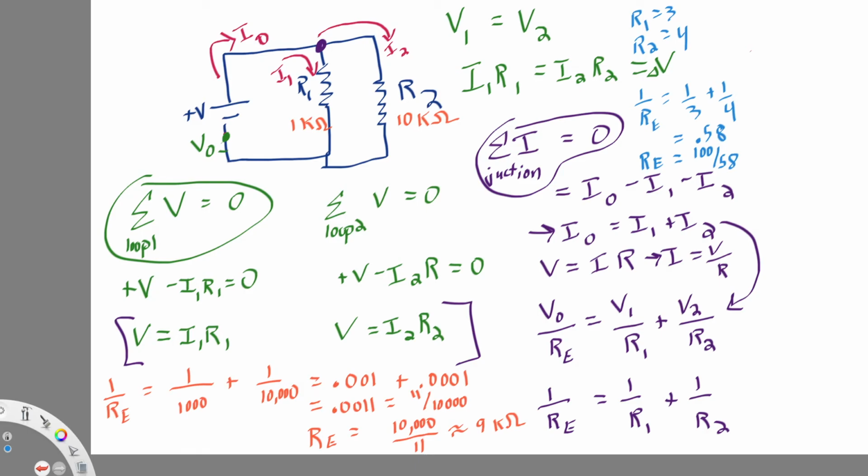So if we have 10,000 over 11, how do we get 9 kilohms? I would have thought it would have been like 11 kilohms. So where did I put my calculator? And that's not kilohms. This symbol here, by the way, is capital Omega. That's an omega, okay.